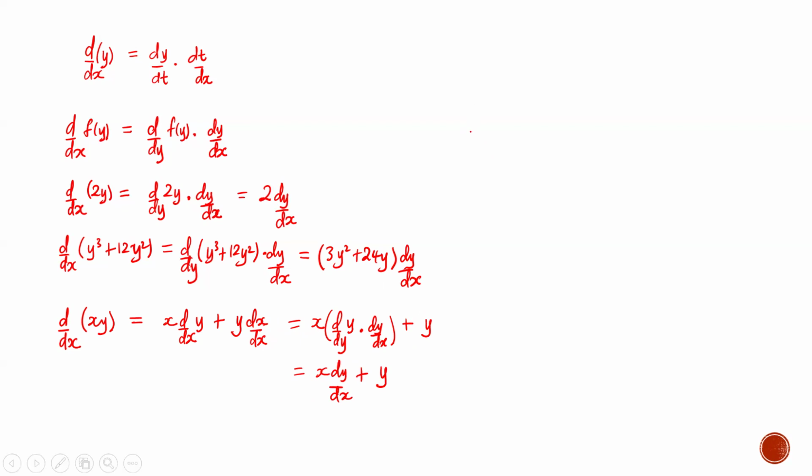How is this useful? This knowledge is useful in differentiation of implicit functions. An implicit function is one in which y hasn't been explicitly expressed as a function of x. In other words, if we have the function y squared is equal to yx plus 3x squared plus x minus y, in such an equation it might not be easy for us to write y as a function of x.